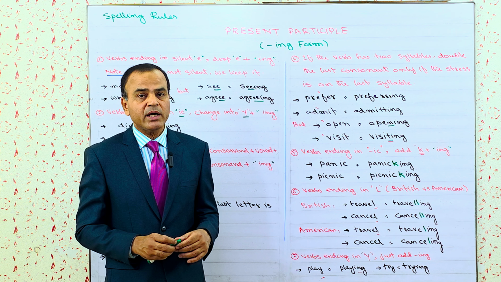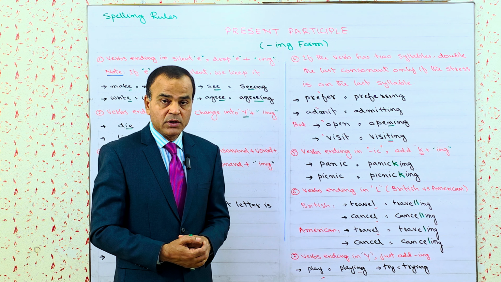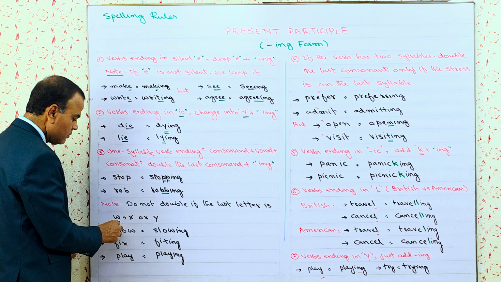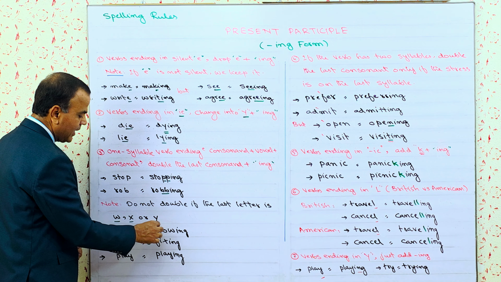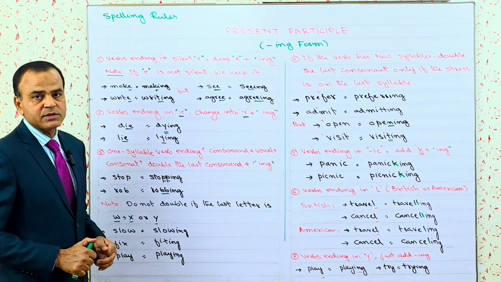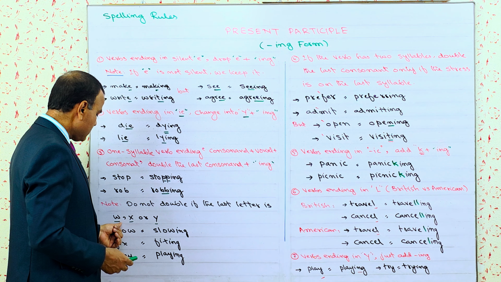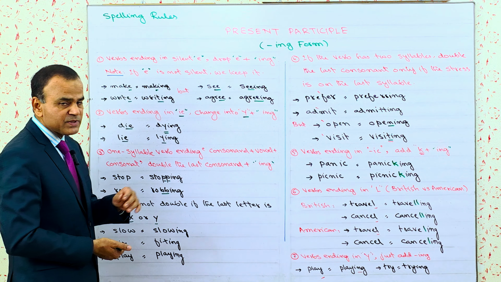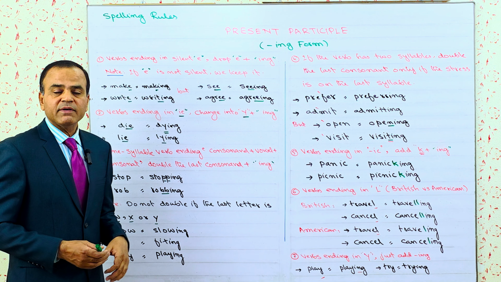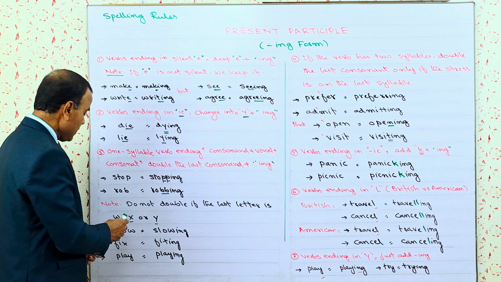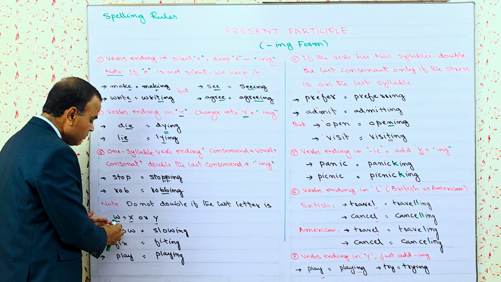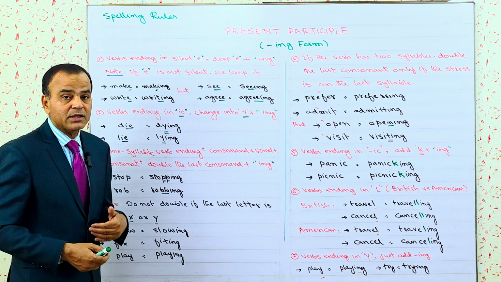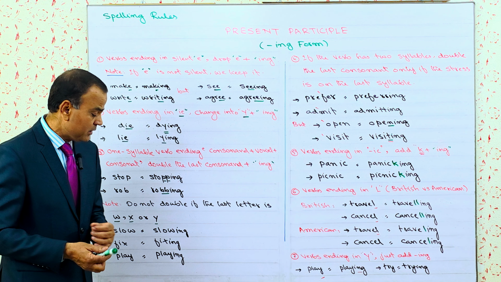That means sometimes we do not follow this rule. If your verb ends in W, X and Y, these are also consonants. But W and Y are also in some cases used as vowels. We call them semi-vowels, but I'm talking about when they are used as consonants. So if your verb ends in W, X and Y, in that case you will not double them. They will remain single.